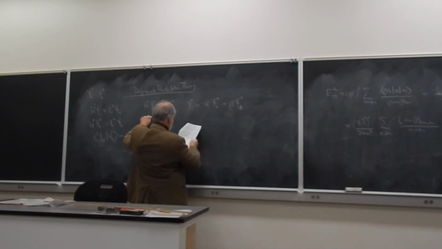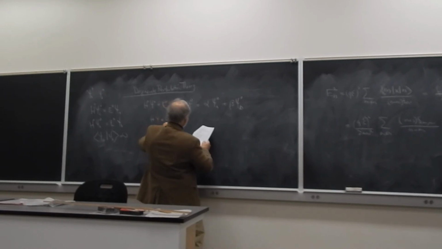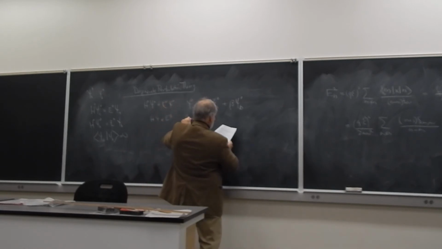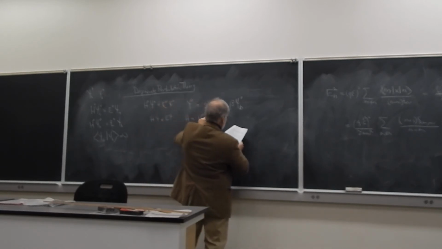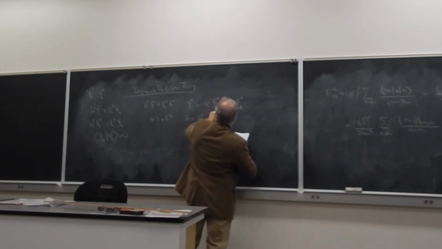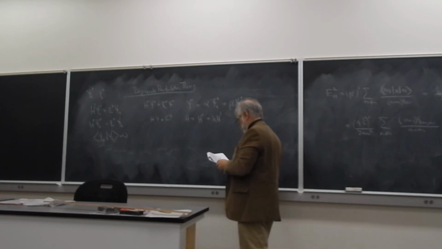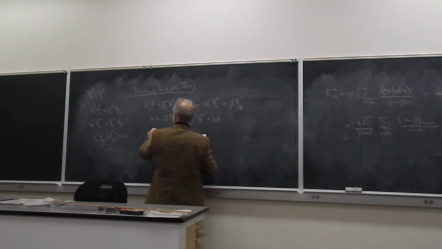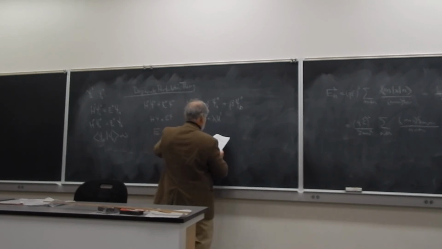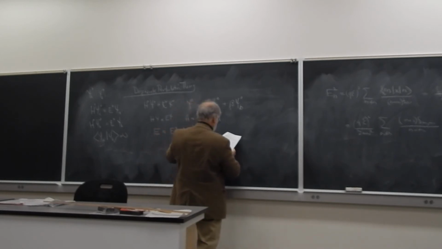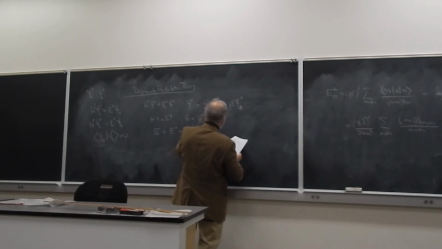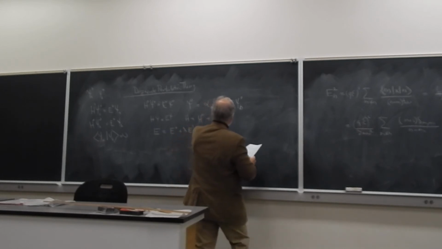We're going to solve H psi equals E psi, where H is going to be H0 plus lambda H1, and E is going to be E0 plus lambda E1 plus lambda squared E2, and on and on.